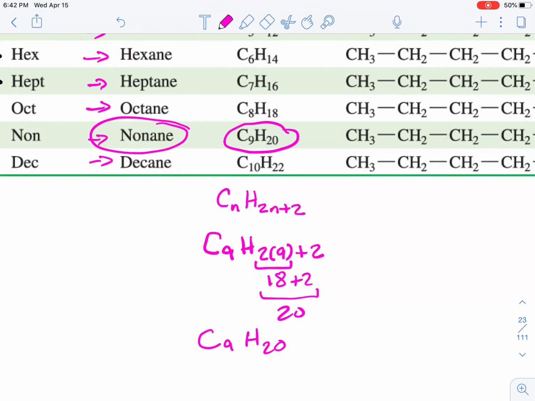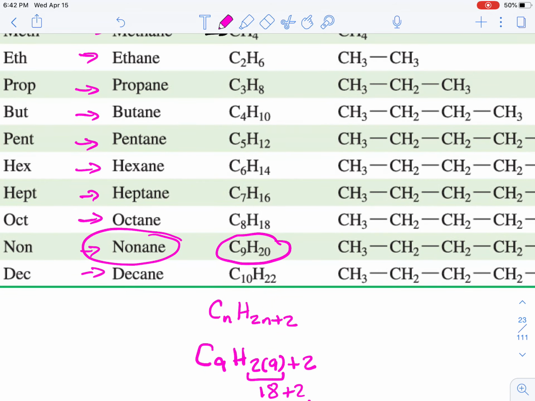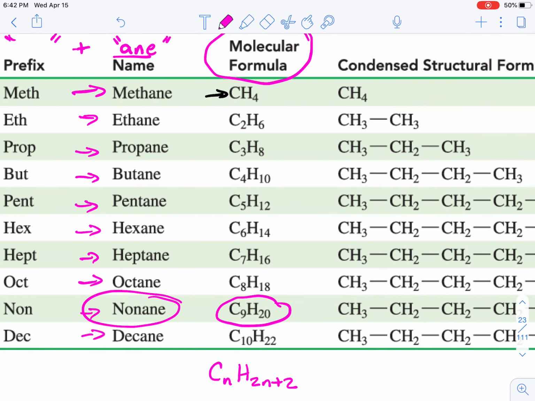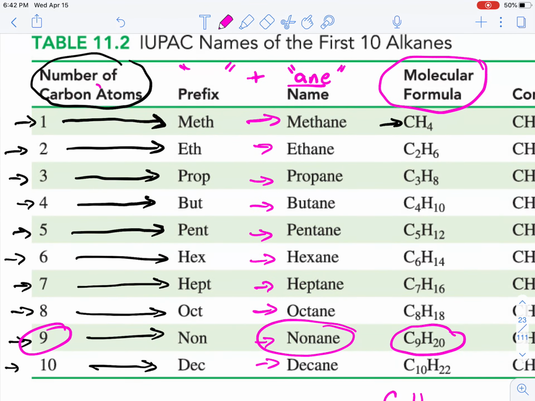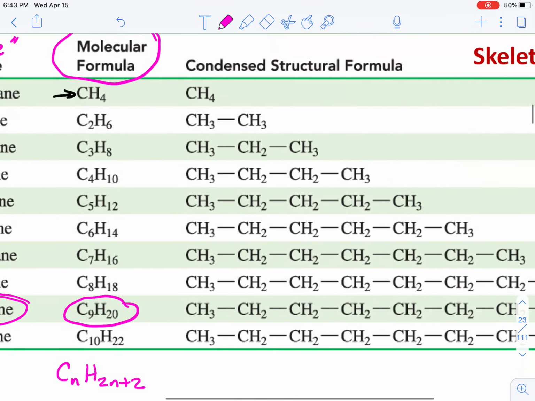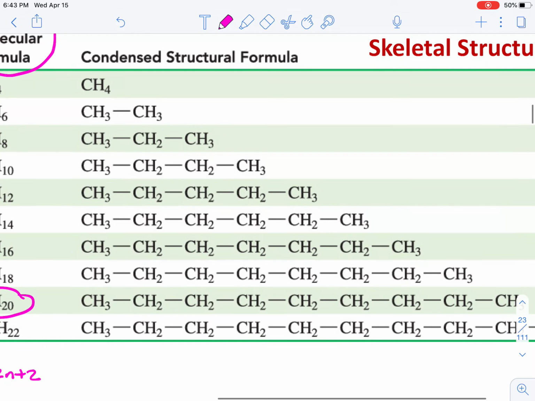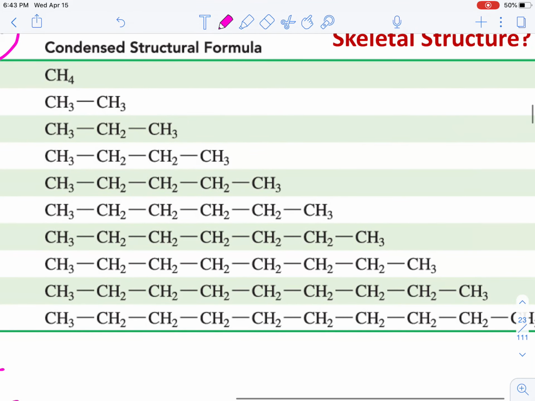Hopefully you understand how the molecular formula can be derived simply by knowing the number of carbon atoms in your organic structure, as well as its general name. Now, if you're looking at the condensed structural formula, they're showing you the connections between the atoms. The CH3s are grouped on their own, separated from the next carbon, and so on.